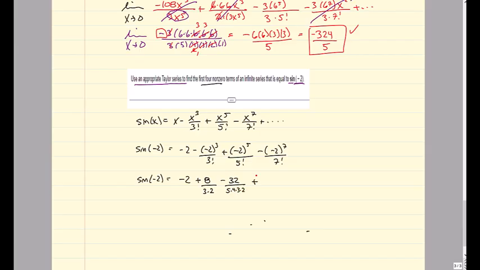And then over here, 2 to the 7th, 32, 64, 128. So this would be a +128 because I have the negative sign out front, over 7 times 6 times 5 times 4 times 3 times 2 times 1. So we need to simplify this first before we can actually say these are my first 4 terms.